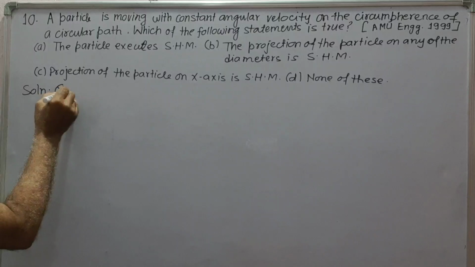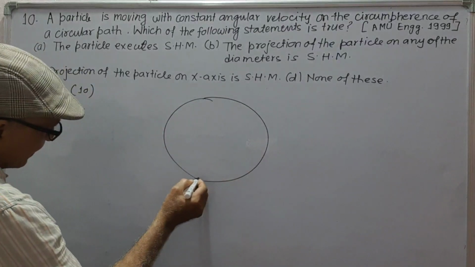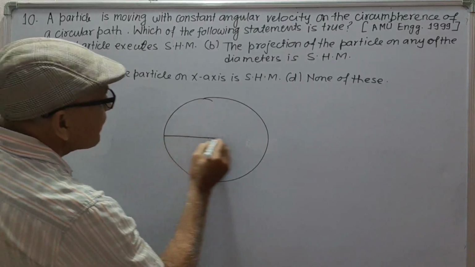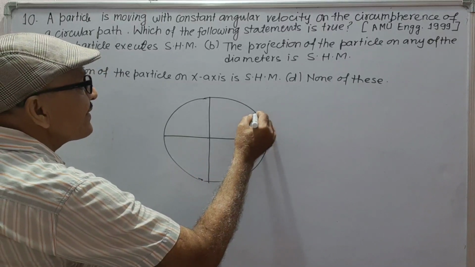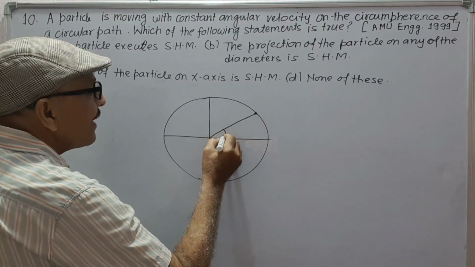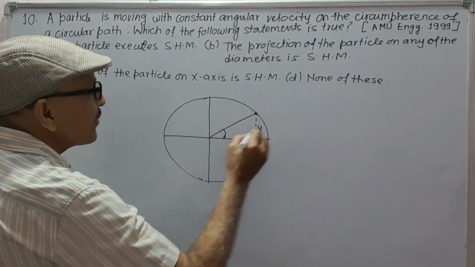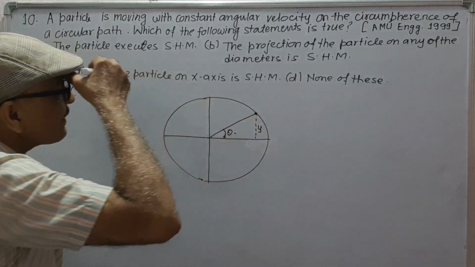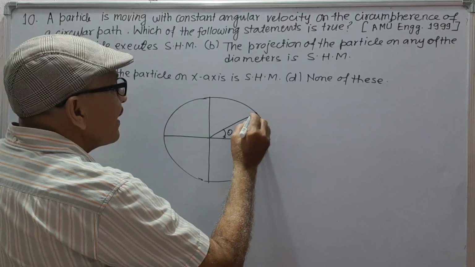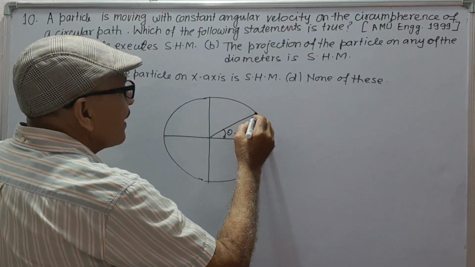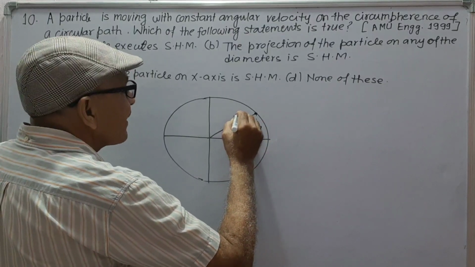Solution to question 10. Suppose this is circular path, these are diameters. If the particle is here, then this is y, this is theta. This is r.